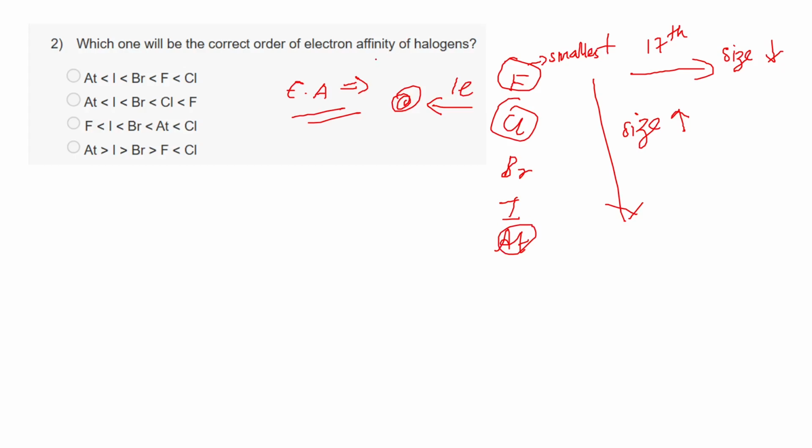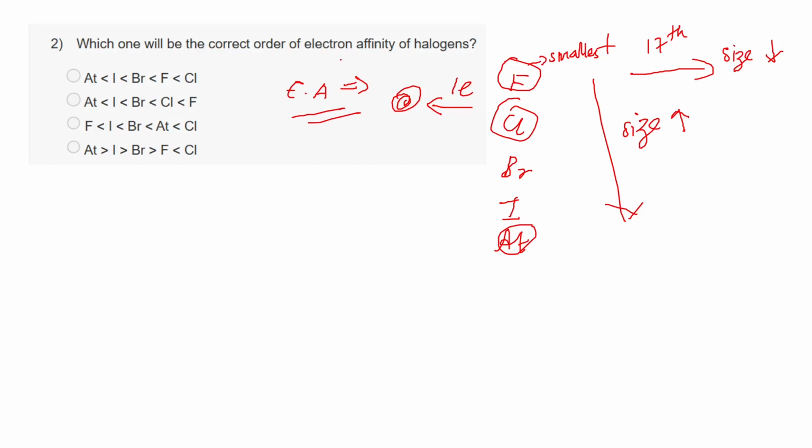So now the thing is, whenever the atom is small, it means that the nucleus has more attraction over the last electron. That is why the atom is small, because the nucleus is attracting the last electron so much so that the atom is contracted, and that's why along the period, we see that the size decreases.